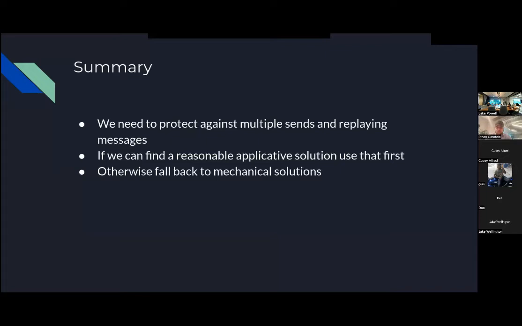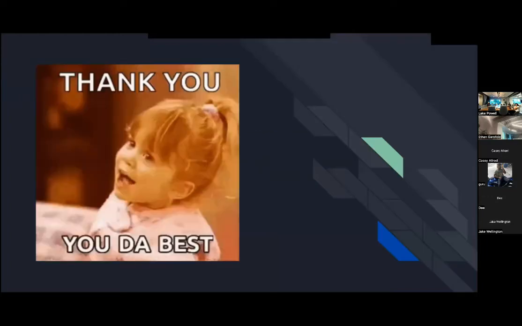But in the absence of those types of solutions, we have to turn to something more mechanical in how the messages happen. So we fall back to those. So that's my brief little talk. I know it's not super long or amazing, but any questions or thoughts or discussions about it?